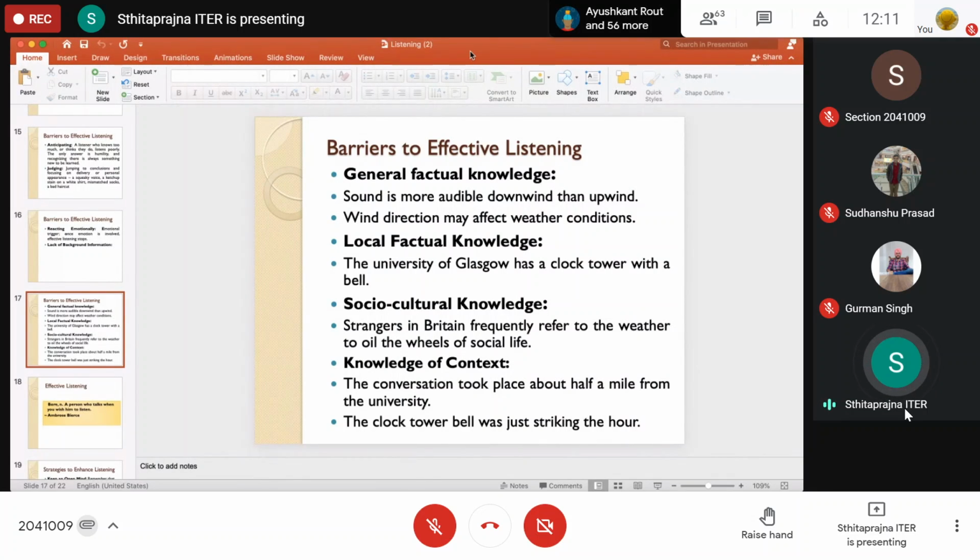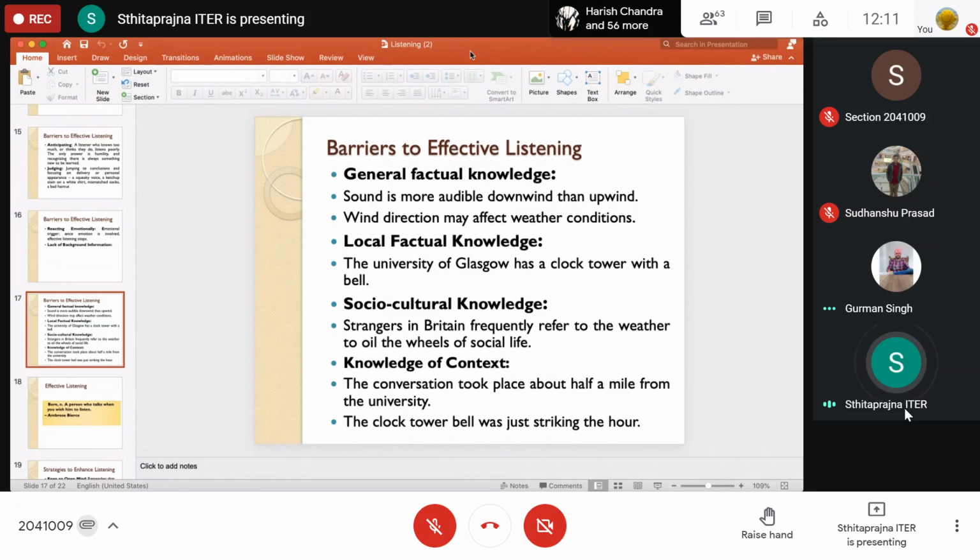Number one is the general factual knowledge, which says that sound is more audible downwind than upwind, and wind direction may affect weather condition.